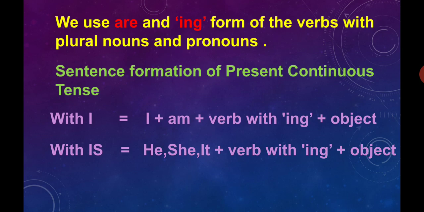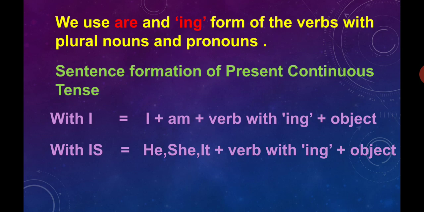Then with is. If there is a singular noun and pronoun, we use he, she, it. As we know, he, she, it are singular forms of pronouns. They are used for a singular noun. If there is one boy or man, we use he. If there is one girl or woman, we use she.